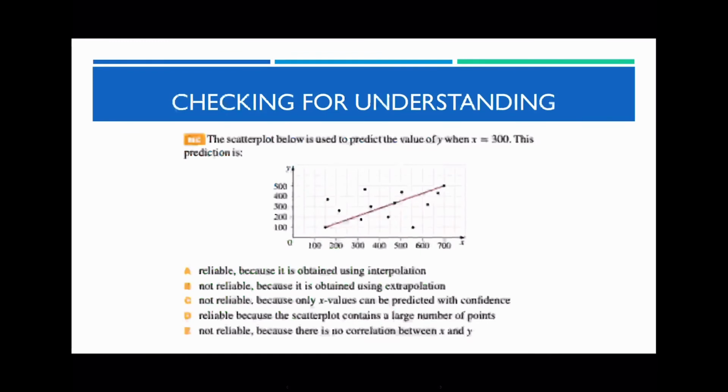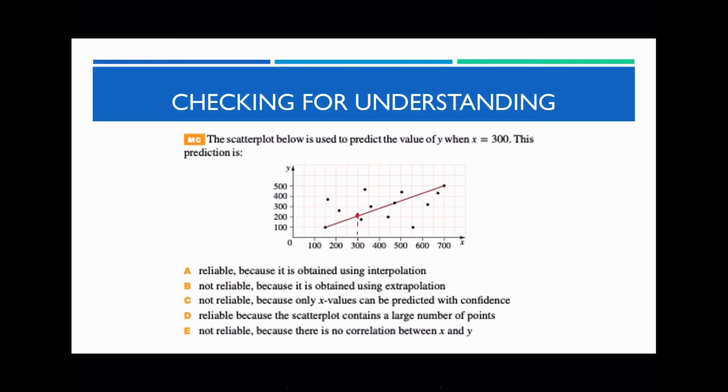Once we do that, we can now check your understanding. So please pause the video right now to see whether your answer for this multiple choice matches my answer. The question reads, the scatter plot below is used to predict the value of y when x is 300. I'm sorry, the question is kind of blurry. When x is equal to 300, that's over here.